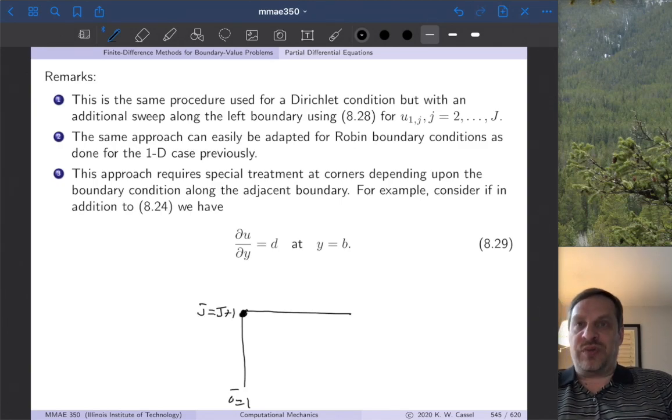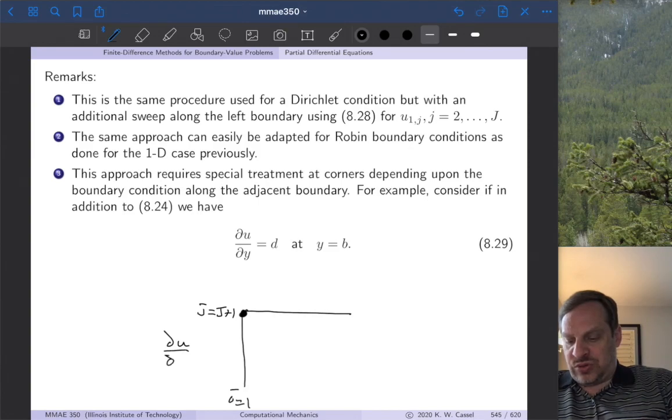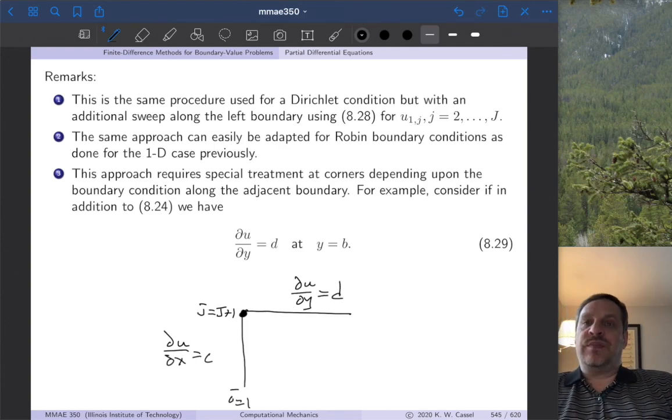Okay, this point right in the corner. So we have partial u partial x is c along this left boundary, and along the top boundary we have partial u partial y is d.